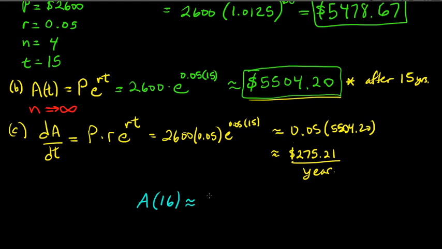After 15 years you have $5,504.20, and 1 year later you get 1 times $275.21. So let's add those up: 5504.2 plus 275.21 gives us a grand total of $5,779.41.